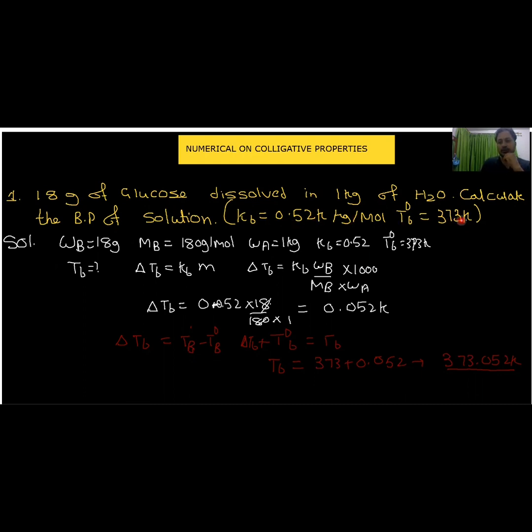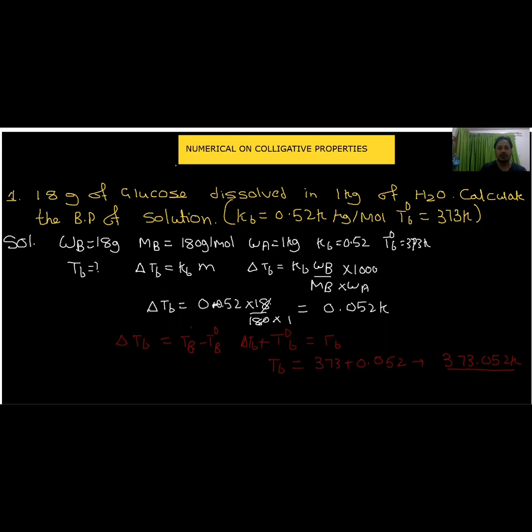T naught B value is also given, that is 373 Kelvin. You have calculated this by using the formula. Always write the given terms first, and then put them into the formula to find the answer. The elevation in boiling point was coming 0.052 Kelvin, which we use in the formula to find the answer, that is 373.05 Kelvin.